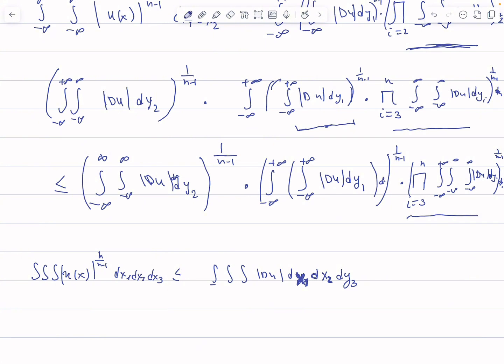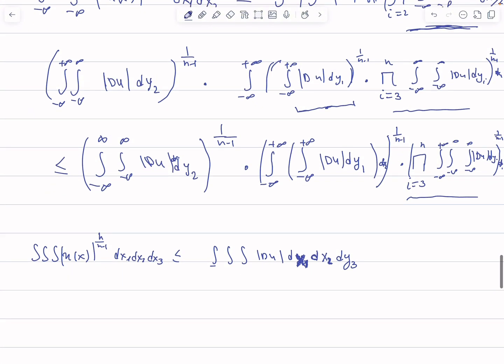Here also I need to write dx2. Now at the end we have x1, x2, and so on. So this one is less or equal to z1, and times the next triple integral of du dx1 dy2 dx3.